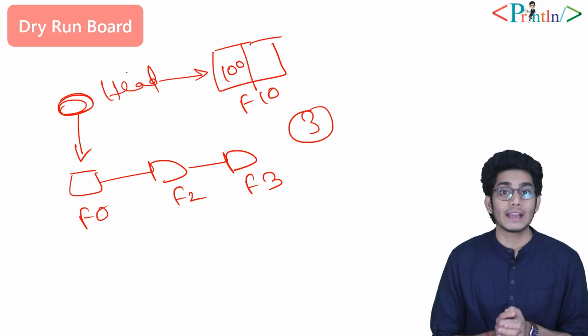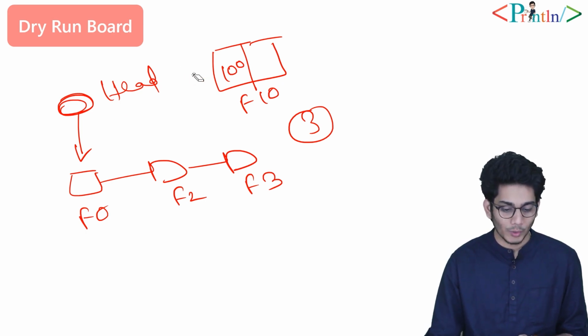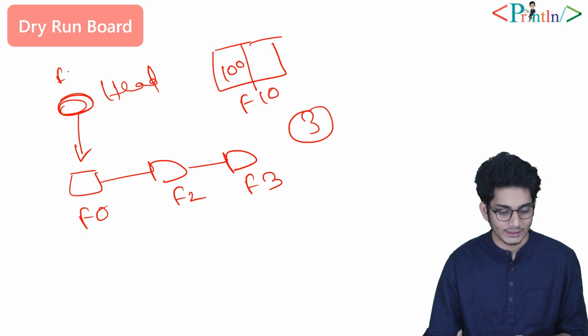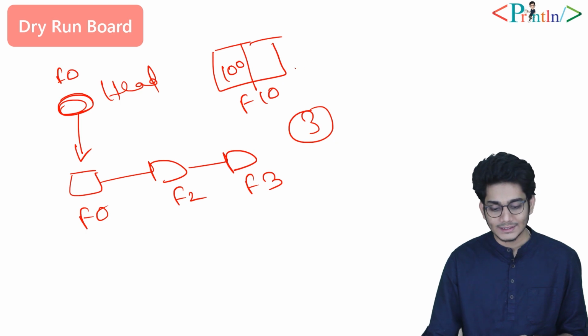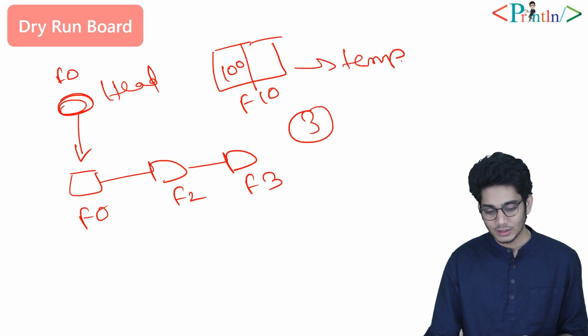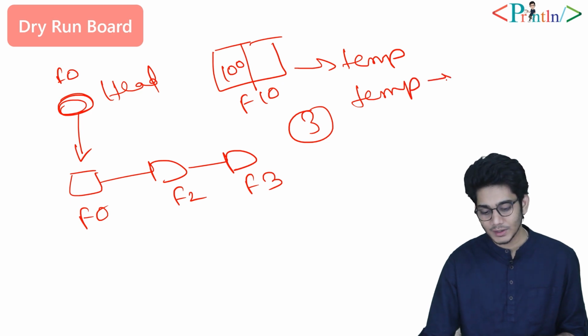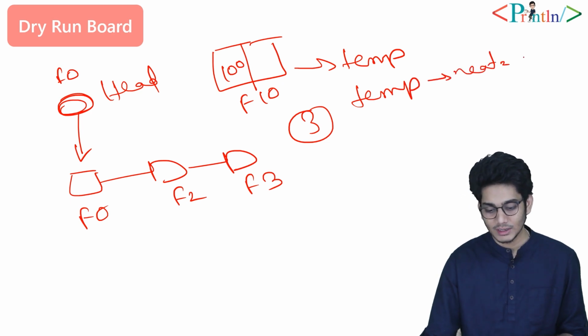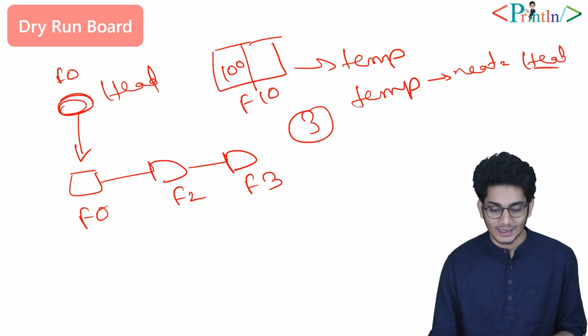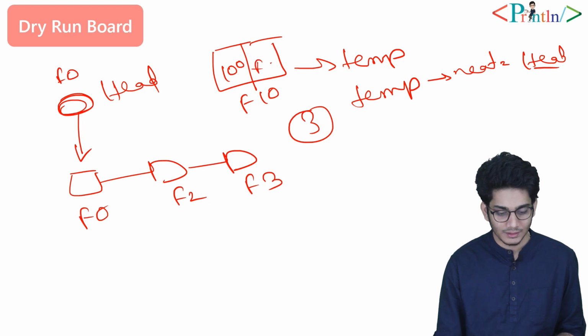At first, our head pointer contains f0. Let's say that this is the temp node. Now at first we'll write temp next equals head. It means our temp next, this node, will contain f0.